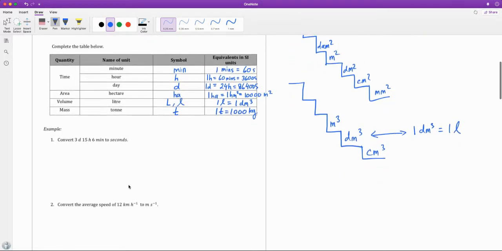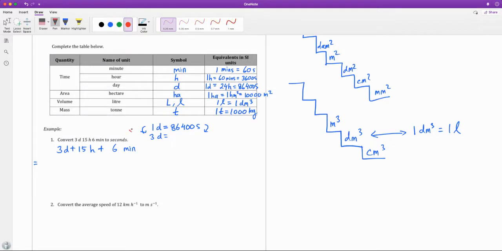Let's try the example. Convert 3 days, 15 hours, and 6 minutes to seconds. So we have 3 days, 15 hours, and 6 minutes. We need to convert into seconds. It means, let's just chunk this. 1 day equals to 86,400 seconds. 3 days, it means we need to multiply by 3.